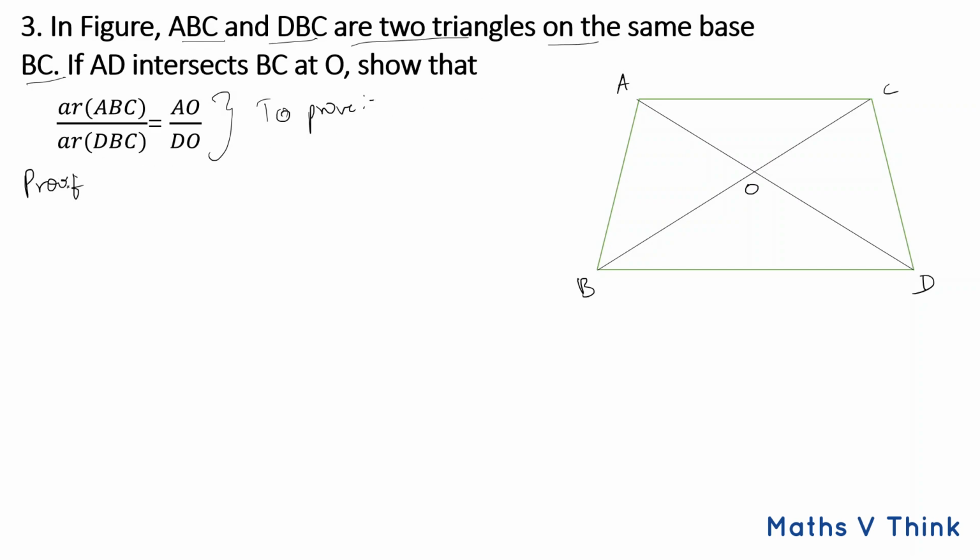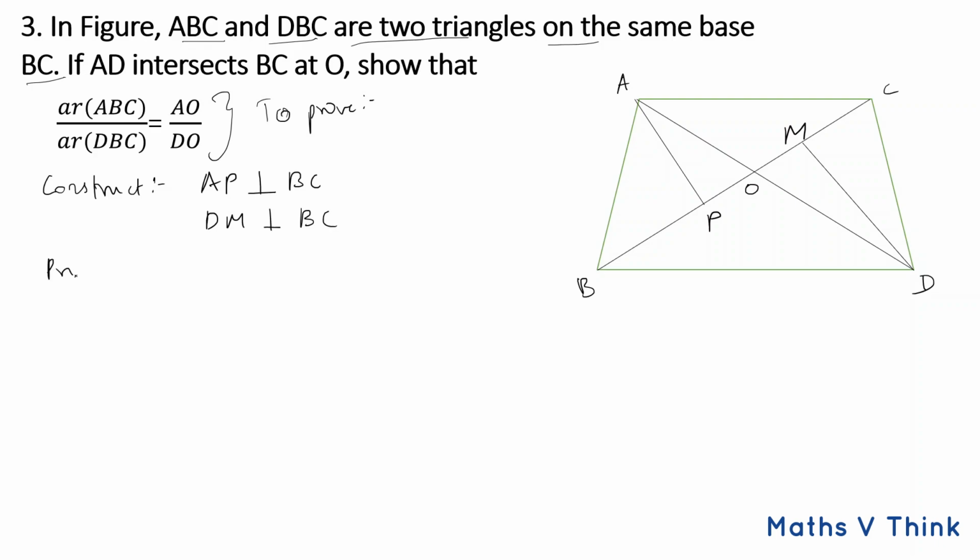Before the proof, I need to construct two perpendiculars, that is AP perpendicular to BC, and the same way DM perpendicular to BC. So construct AP perpendicular to BC and DM perpendicular to BC.